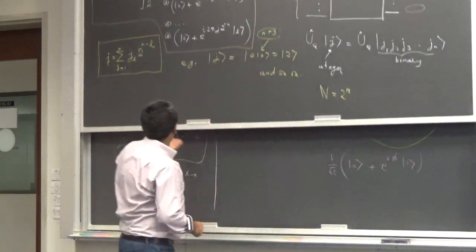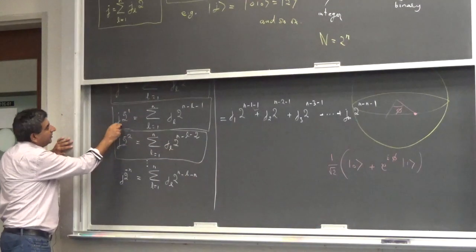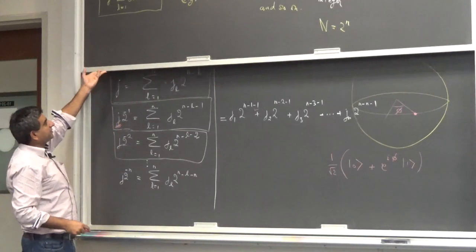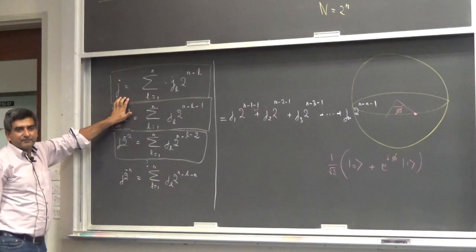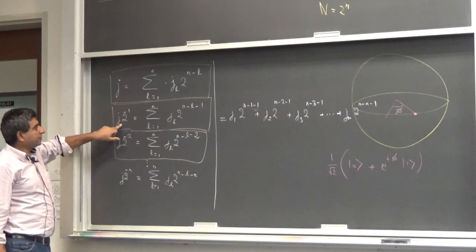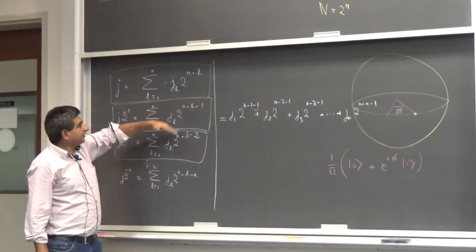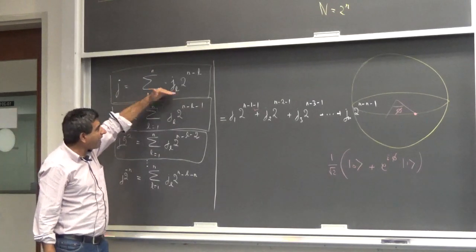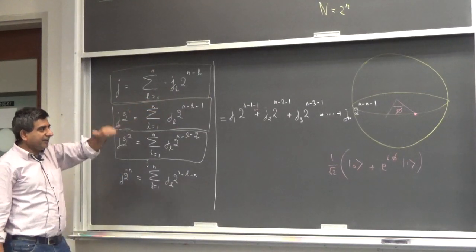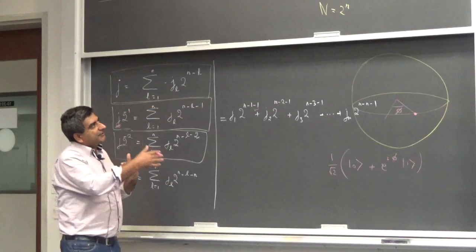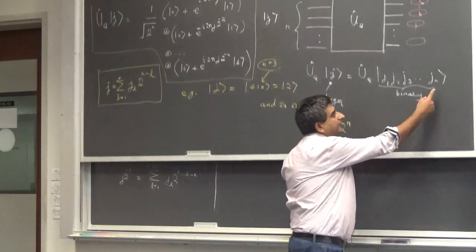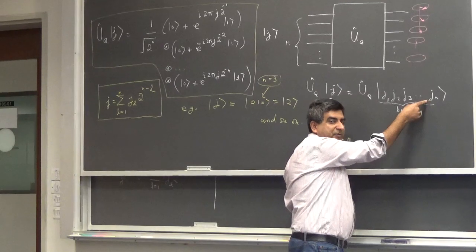Correct? Because here's what we're doing. We have j in its pristine form. Now when you multiply by 2 raised power minus 1, or divide j by 2, you are halving each one of these terms. And when you are halving each one of these terms, the entire sequence of j shifts in a manner that the decimal place hops to the left by 1 unit.